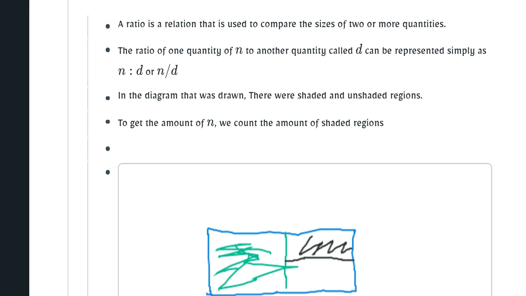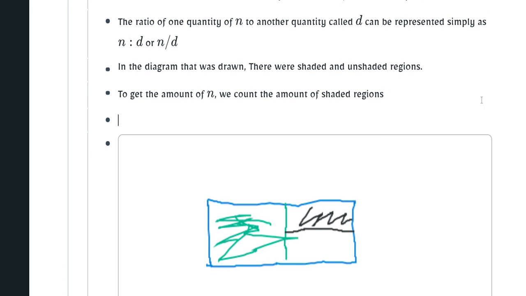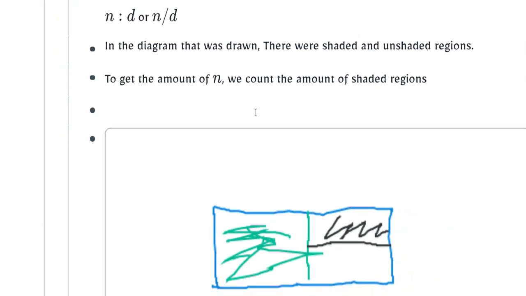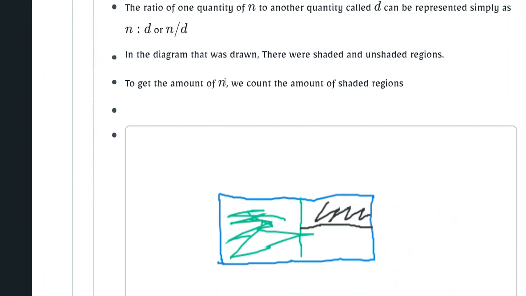Okay? What do you think we're gonna do if we want to get the total amount of regions that it is under? Not D now. We're saying, what if I want to represent this N to the total amount of regions in the entire block? What would I do?